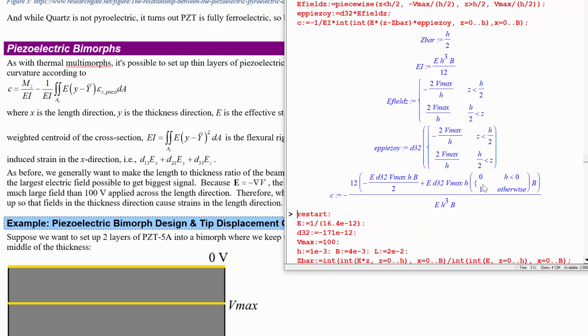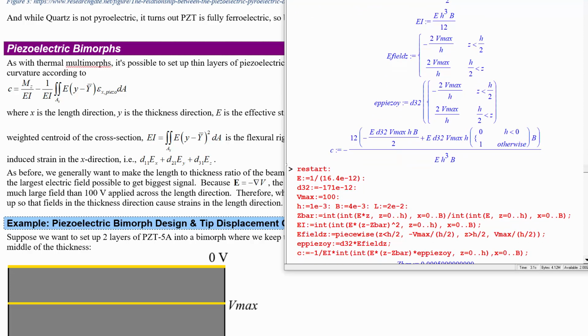This is just the same term as this one, but with a half. So it looks like we're going to have overall a minus 6 times E times D32 Vmax HB over E times B times H cubed, which if we were to simplify when H is positive, the E's cancel, the Vmax sticks around, D32 sticks around, B cancels, and we've got a D32 Vmax over H squared.